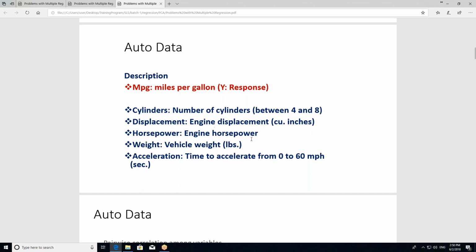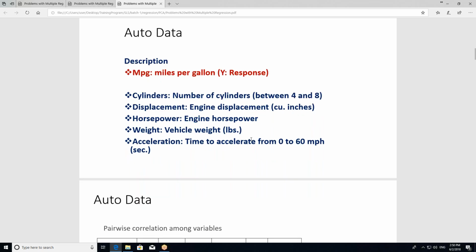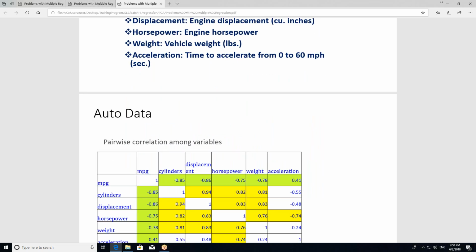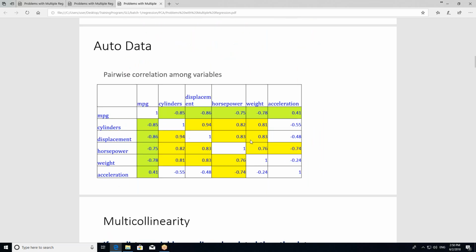In the regression model, the first step, as I have told, is to find out whether the variables are independent or not. What I can do is run a correlation matrix or covariance matrix. This is my chart of the covariance matrix of the entire data set.